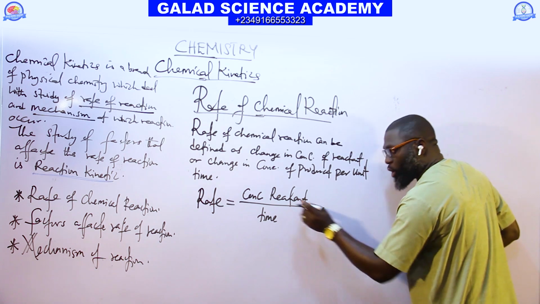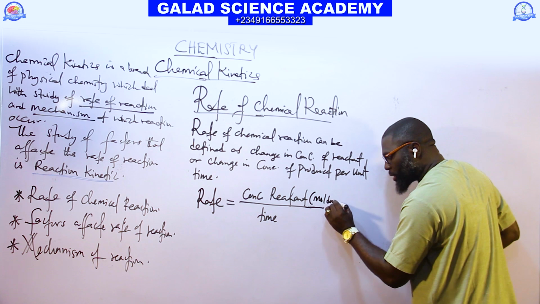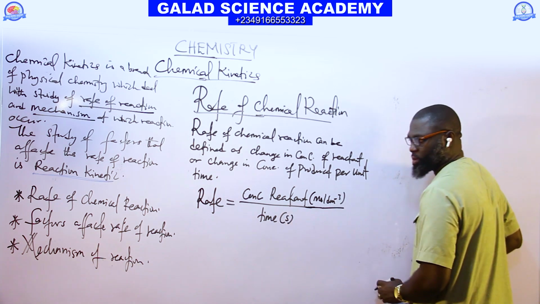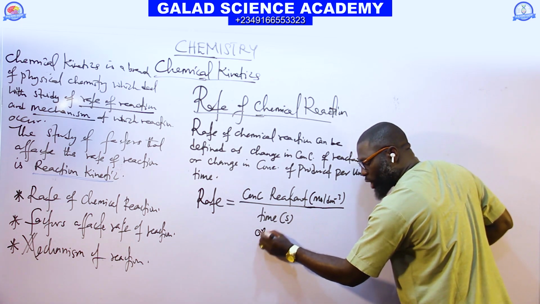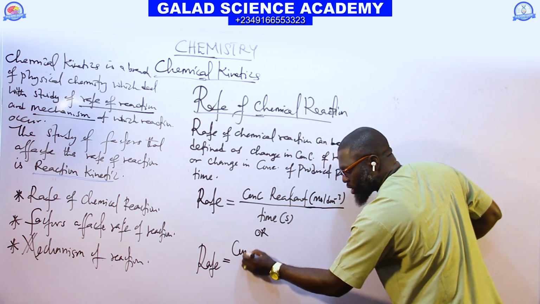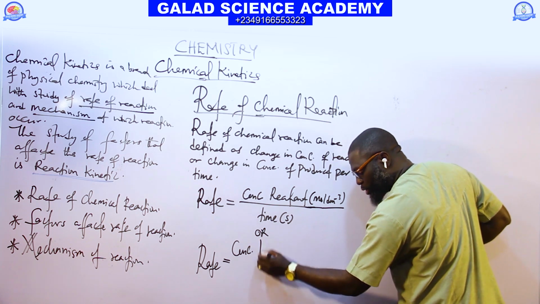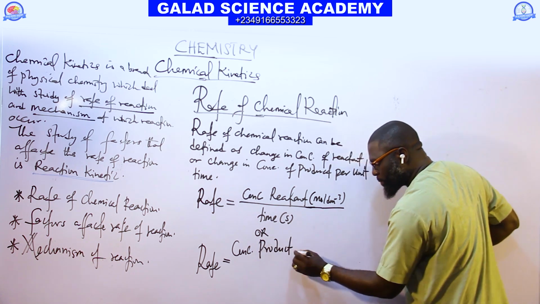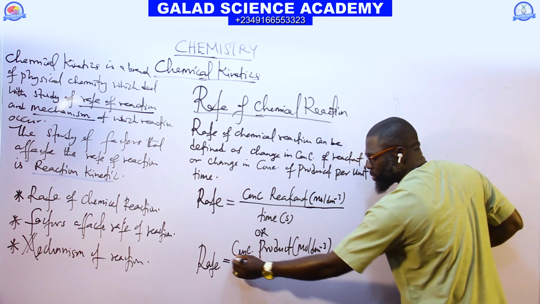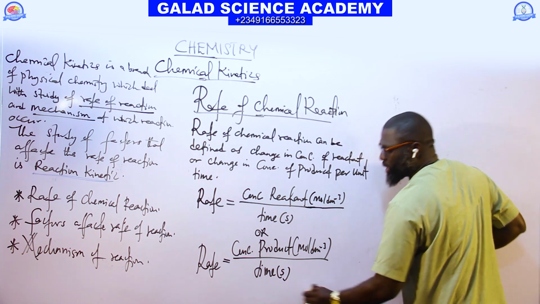The unit for concentration is mole per dm cube, and the unit for time is seconds. This can also be in the form of the rate equals change in concentration of products in mole per dm cube over time in seconds.